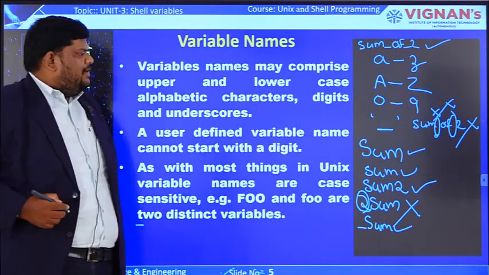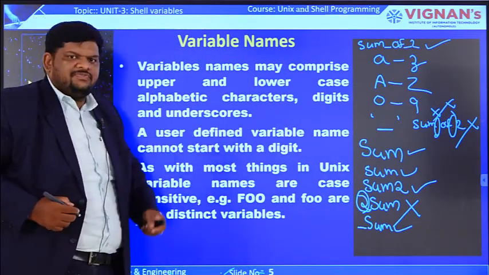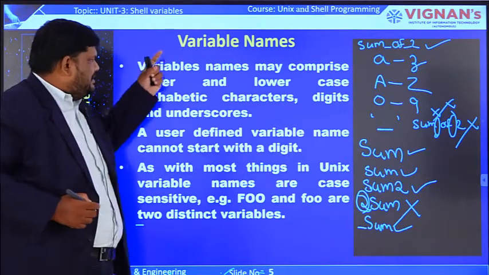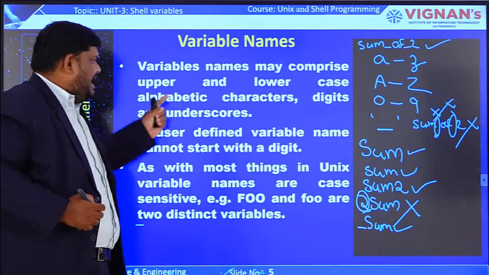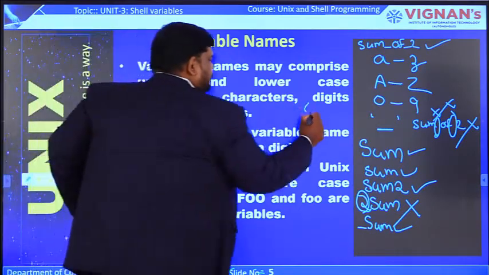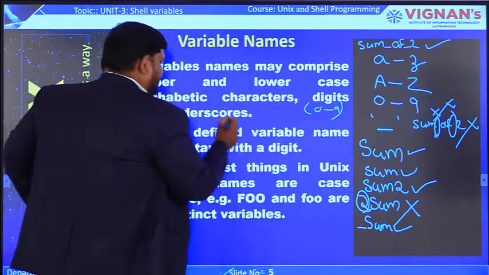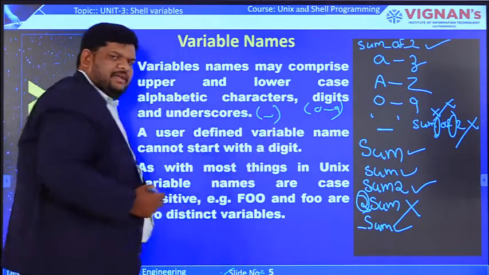So these are the valid and invalid syntax while writing a variable name. It allows uppercase and lowercase alphabetic characters and digits 0 to 9, and only the underscore symbol.